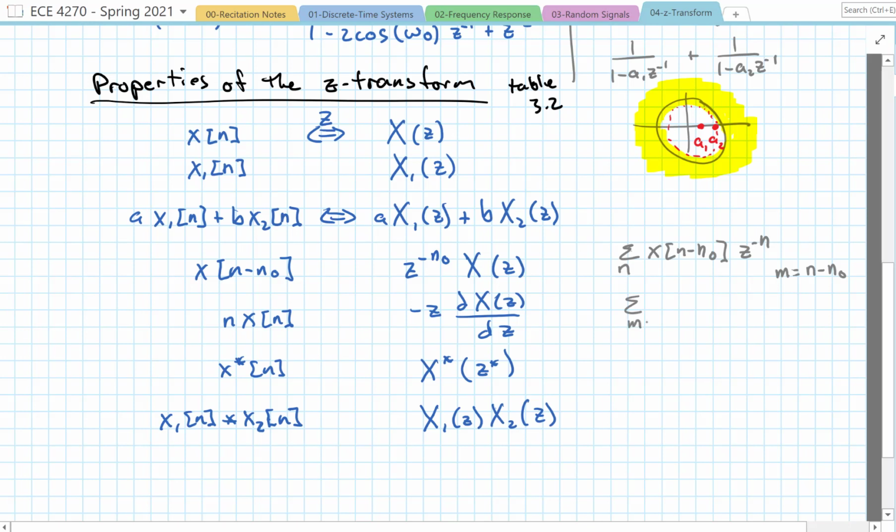This is now x of m, and z to the minus m plus n naught. Well, we can bring the z to the minus n naught out front, leaving us with the Z-transform of x. And so that's where that comes about.